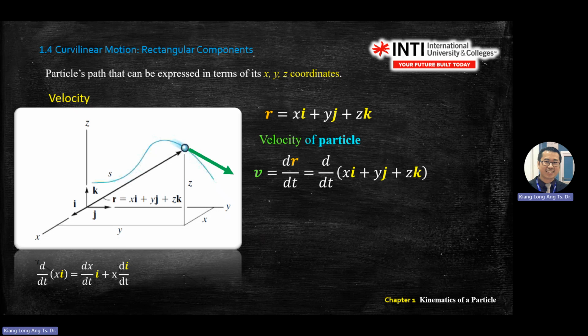Dy dt also velocity in y direction. Dz dt also velocity in z direction. So this is the time differential. Okay, time differential in calculation or chain rules, right?